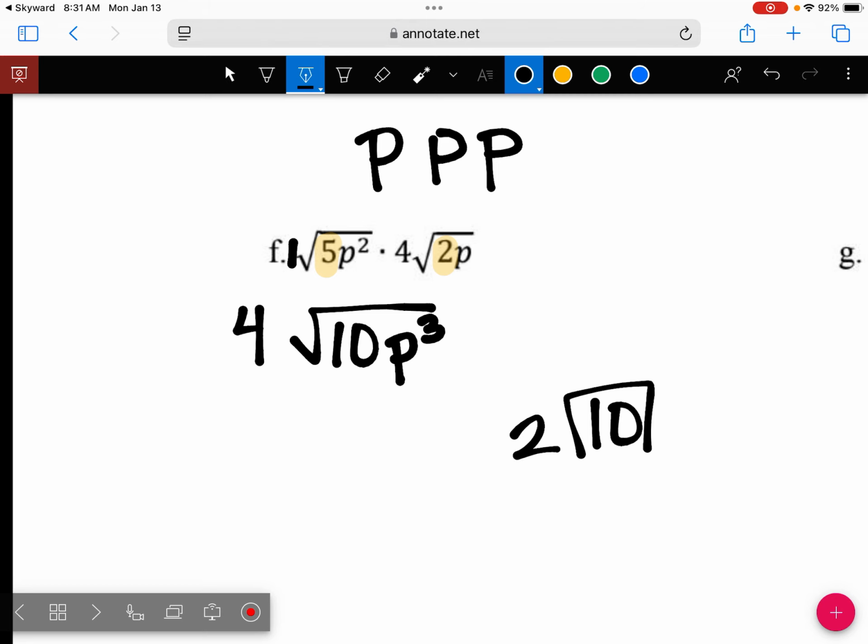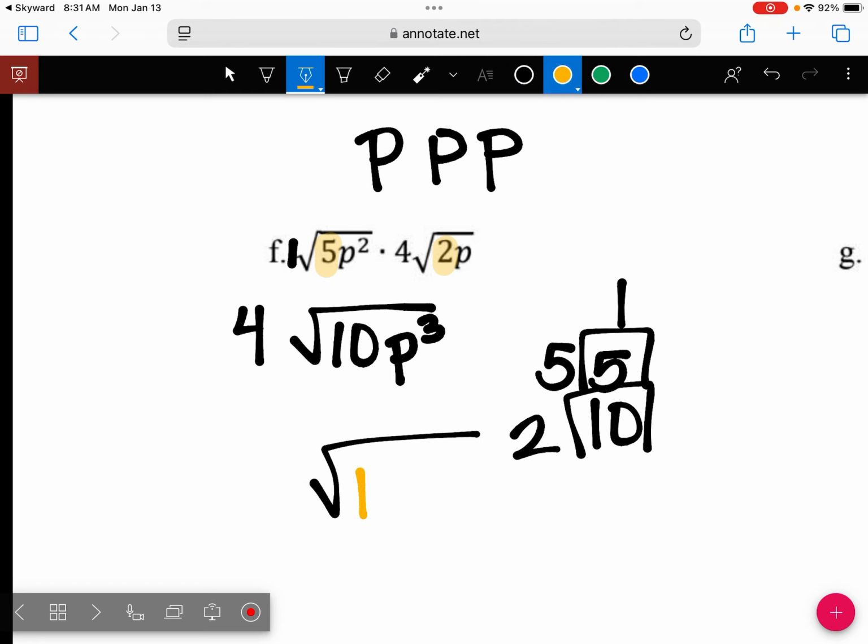So for the 10, we start off with 2, and then we have a 5. Do we have any pairs? No, so that means that the entire 10 has to stay. So underneath the radical, I have to keep that 10. Now I have 3 pizzas.